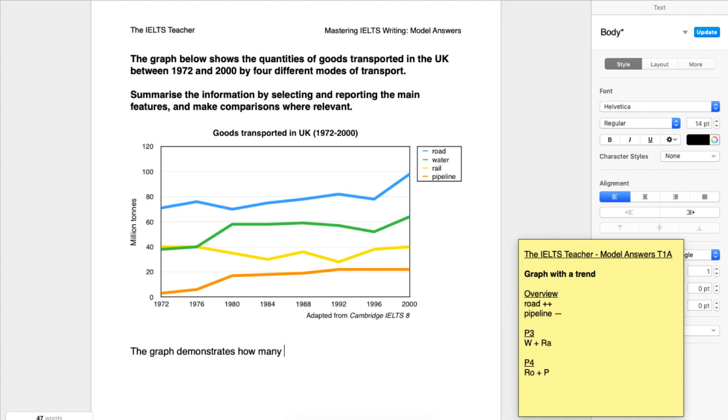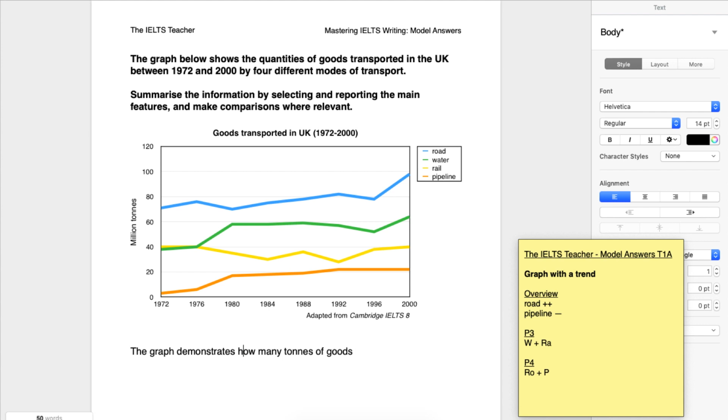The unit of measurement is sometimes not included in the task language itself, but it does appear in the graph. So you have it down the axes and you have it in the title of the graph. Oh no, you don't even have it in the title of the graph. You literally just have it in the axis here. So we can use it though. We can say how many tons of goods. It's a nice way of paraphrasing.